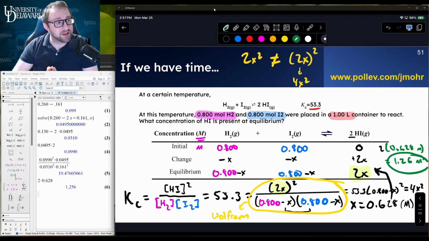Again, these are all related by the stoichiometric changes, so the balanced chemical equation can save us there. That's why we use Rice tables. If you are looking for more information on this topic, you will probably want to search for ICE tables, so ICE without the R, just because the Rice terminology isn't as widespread.